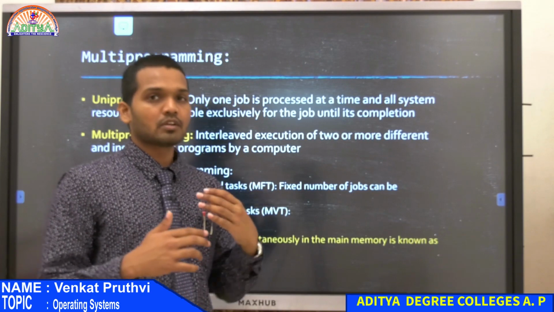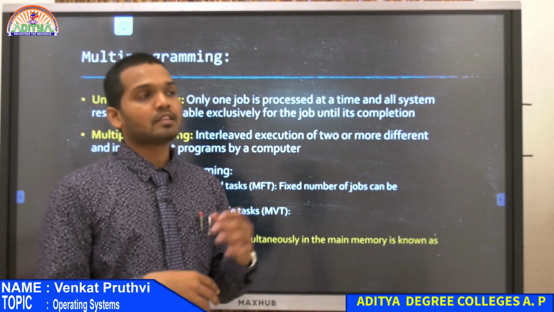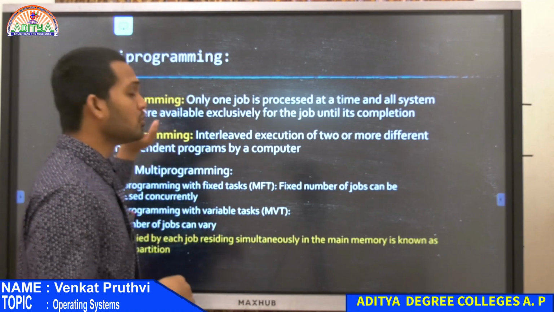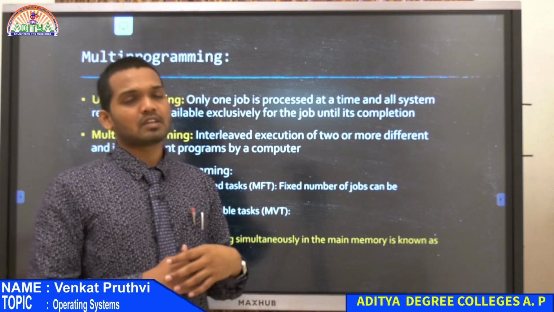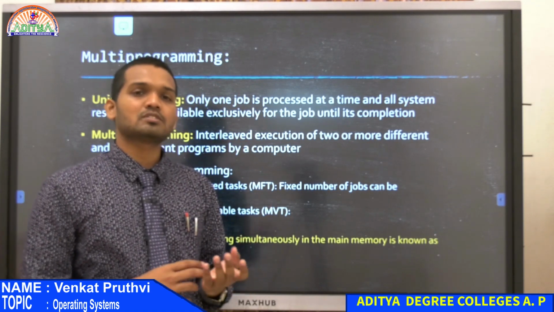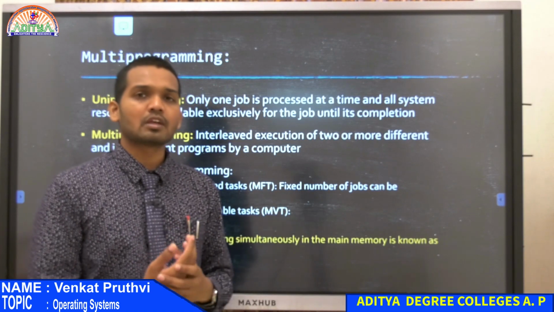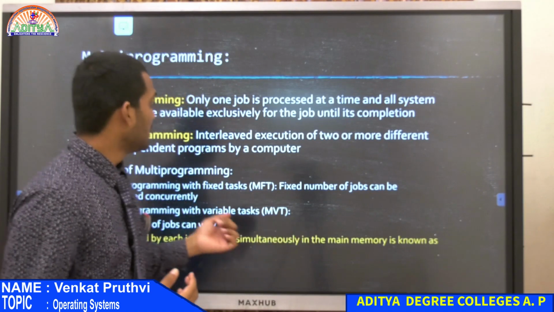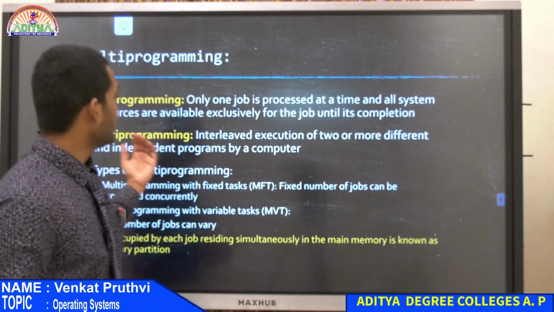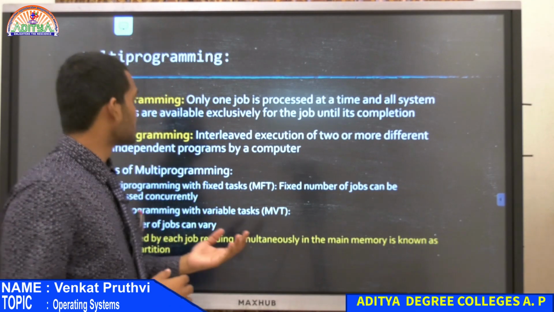The CPU should take care of all these tasks and manage all of them. At that point, we came up with a concept called uniprogramming. Uniprogramming was very good in those days, but when we started using it, we felt some faults in that programming concept. Then what we did, this is uniprogramming, the examples that we discussed now.